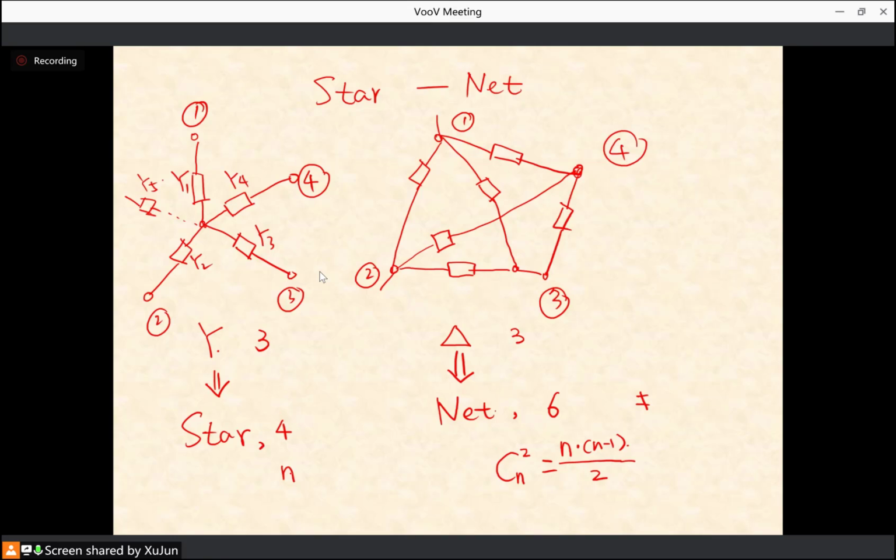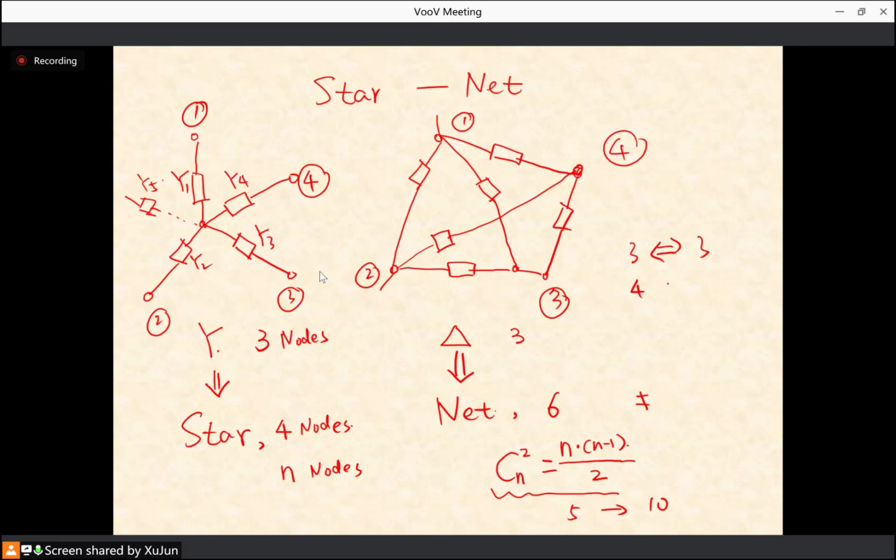So for these n nodes, these 4 nodes, these 3 nodes, we can all use this function. For 3 nodes, 3 multiplied by 2 over 2 is 3. For 4 nodes, 4 multiplied by 3 over 2 is 6. For 5 nodes, 5 multiplied by 4 over 2 is 10. So we find that only for Y to delta, 3 and 3, they are equal.